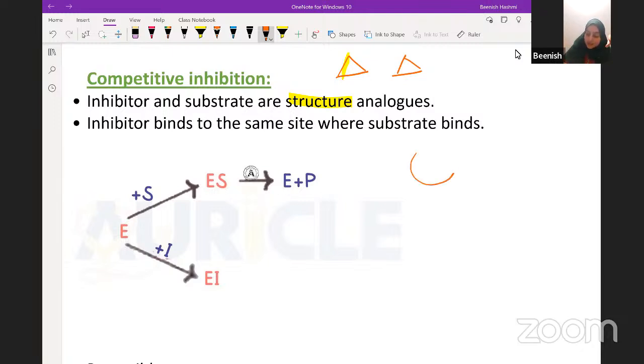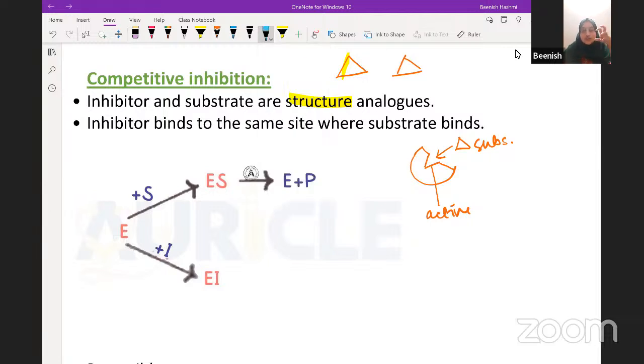For example, let's suppose this is an enzyme, and this is the active site. And this is your substrate. Your substrate was supposed to bind in this active site of the enzyme, as a result of which the reaction was going to take place and the product was supposed to be formed. Now what happens?